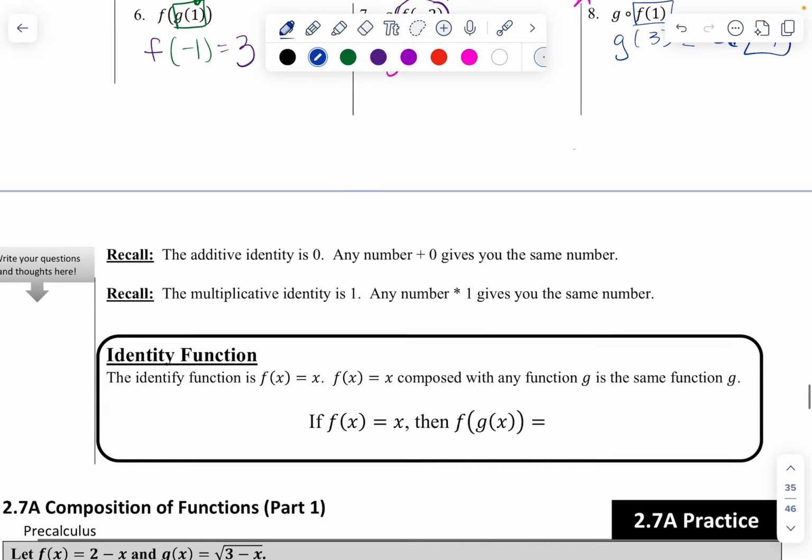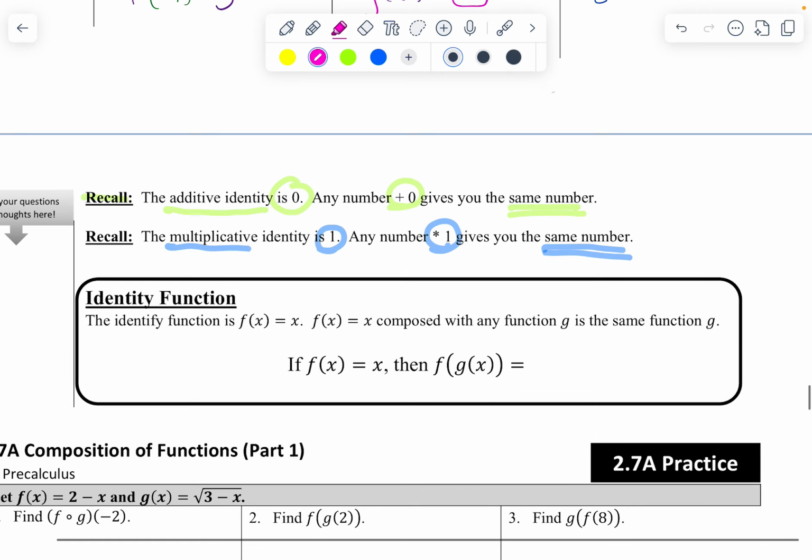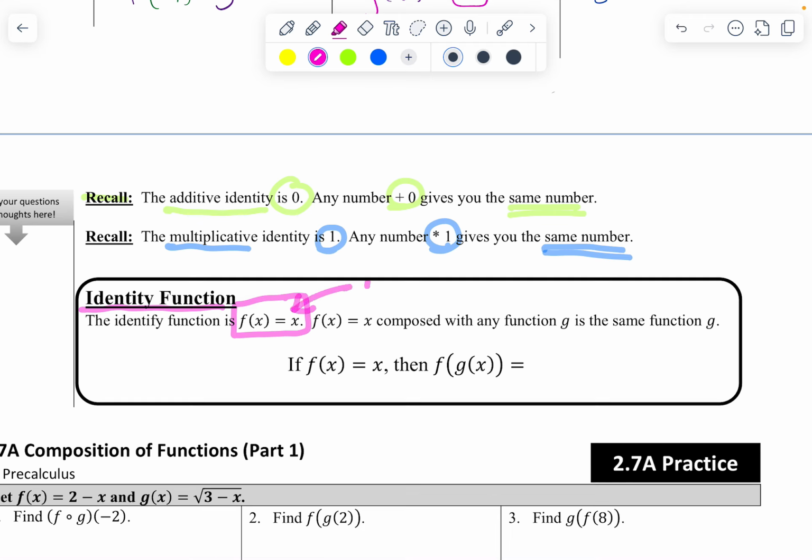Lastly, I want you to go back into the previous unit. We're going to recall the additive identity is 0, meaning you can add 0 to any number and it gives you the same number. Same thing with the multiplicative identity, which is 1, which means you can multiply any number by 1 and it gives you the same number. Let's apply this to what we just learned. The identity function is f of x equals x. This is really important.